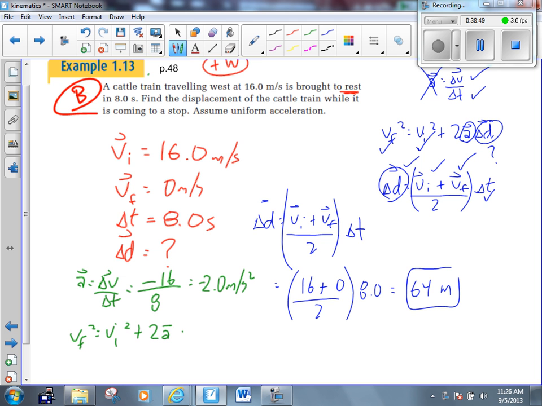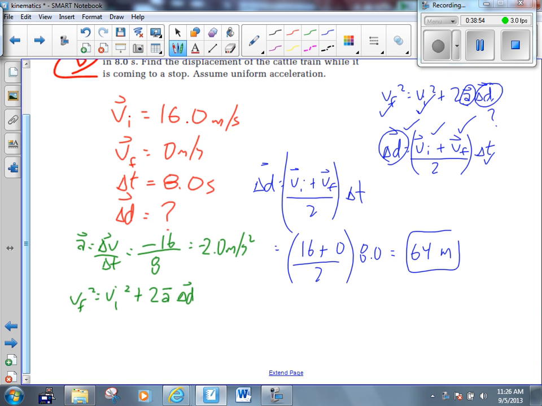Now this one's a tricky one to rearrange. We'd rearrange this to solve for delta D. The first thing we got to do is take the VI squared over by subtracting. It becomes VF squared minus VI squared, because it's added on the right-hand side. And then to get D by itself, I got to get rid of the 2 and the A. How am I going to do that?